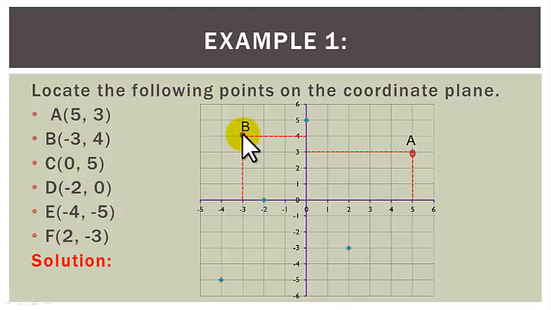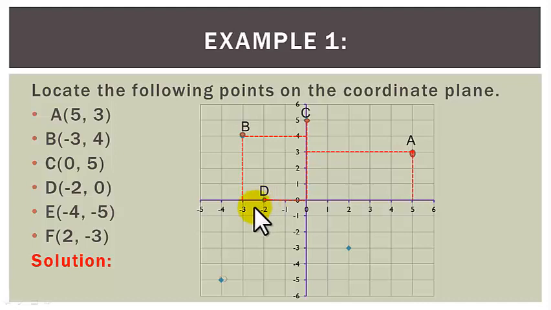The point C is here. At the point C, the x-coordinate is 0, while the y-coordinate is 5. Here is the location of the point D. The x-coordinate of this point is -2, while the y-coordinate is 0.